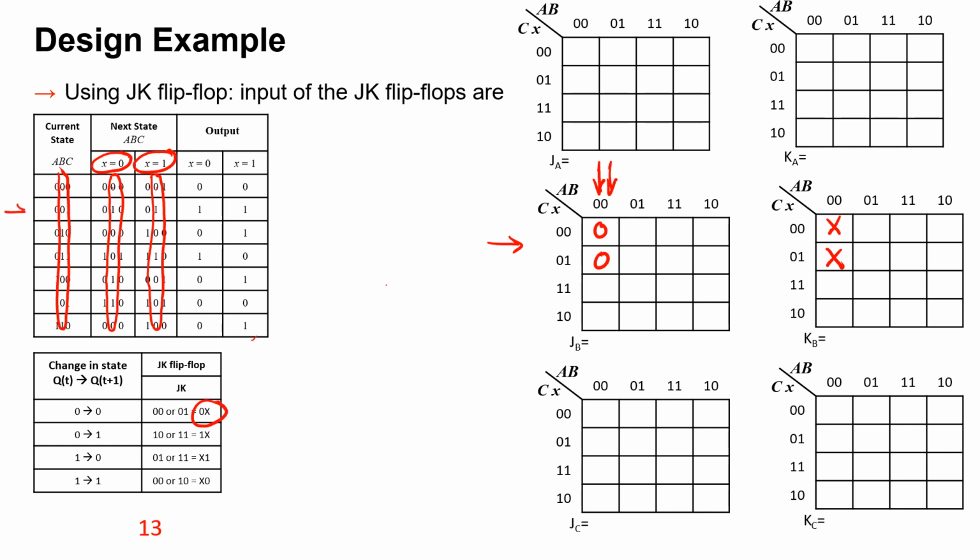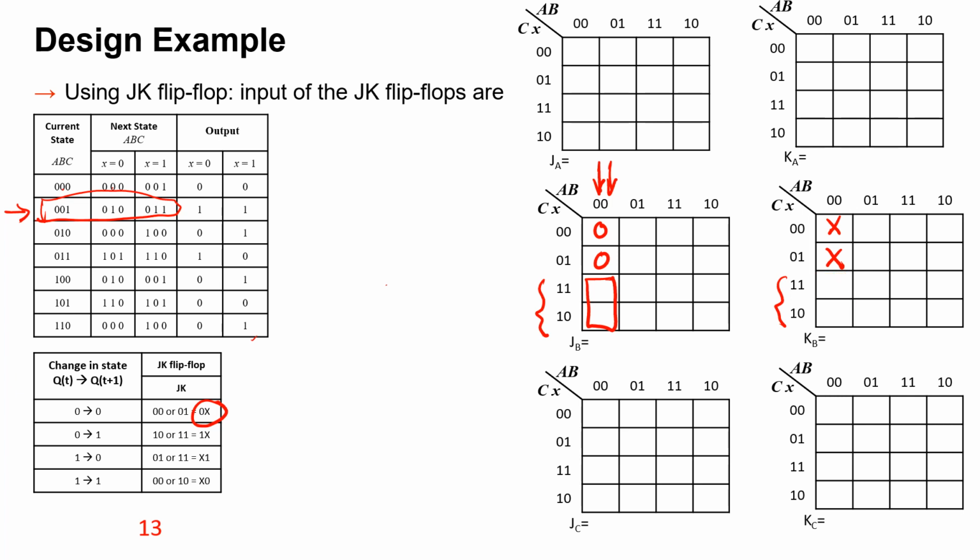Going to the next row, let me clear this up to see what we have. The next row here, from 0, 0, 1, 0, 0, 1, we are talking about these two cells in my table, here and here.